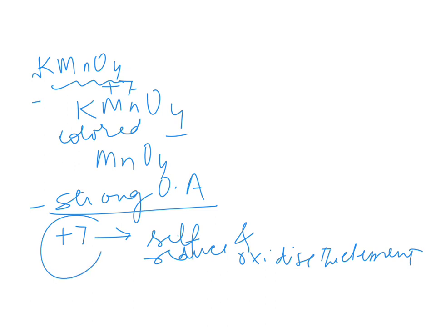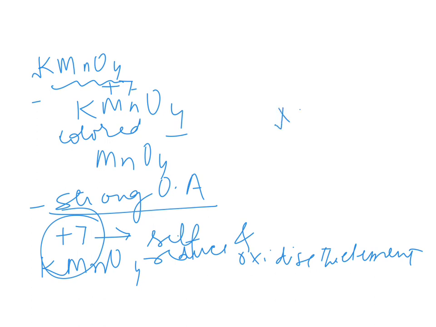KMnO4 has plus 7 oxidation state, the maximum oxidation state, so it cannot go further. It will come to a lower oxidation state whenever the reaction takes place. That's why it will self reduce and oxidize the other element with which it is reacting. I hope you have understood.